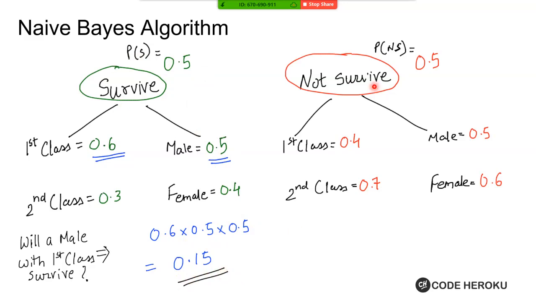If you do this for not surviving, because they are in first class, not surviving is 0.4, male is 0.5, and this 0.5 is coming from the overall probability of not surviving. If you multiply that, you get 0.1, and because 0.15 is greater than 0.1, our prediction will be that this passenger will survive.